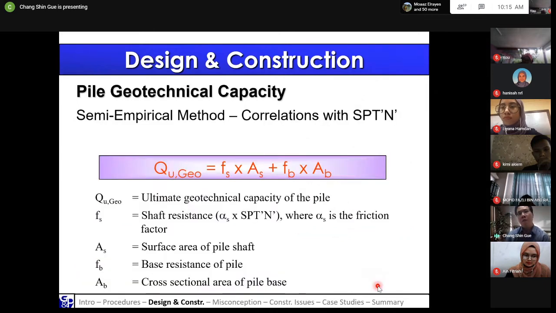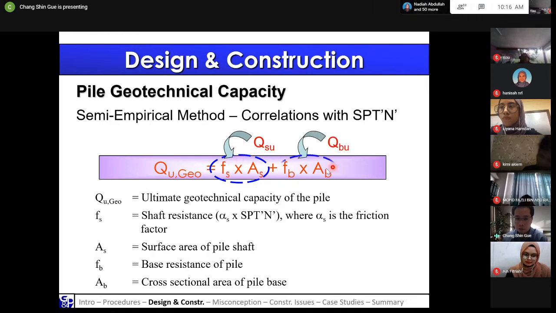Now, in terms of pile capacity, in Malaysia, we typically do our design using the semi-empirical method, which is correlations with SPT N. The SPT N is the N number from the field test of the standard penetration test. So you can see the equation here actually comes from two parts. One is the Fs multiplied by the As. So this one is actually your skin friction or skin resistance.